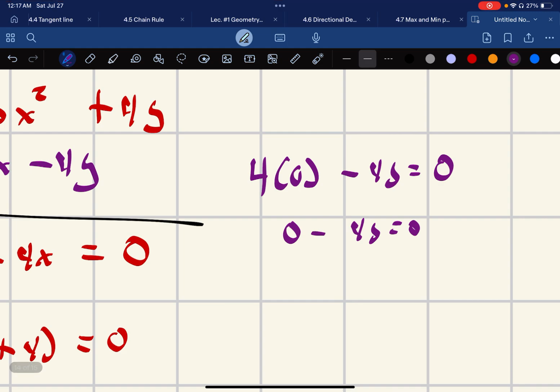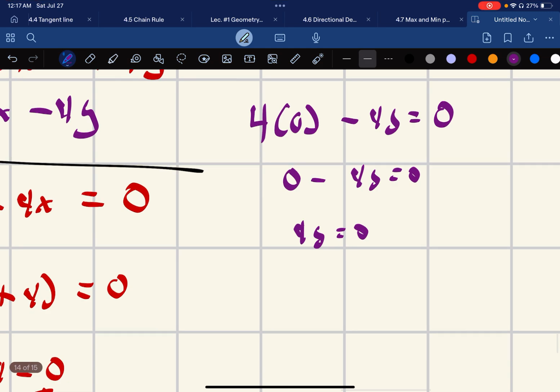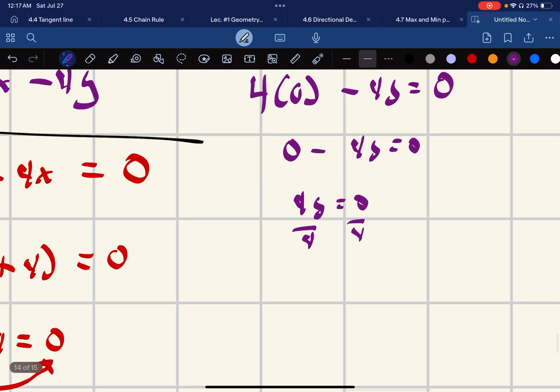Then 4y equals 0. Then 0 divided by 4 is y equals 0.